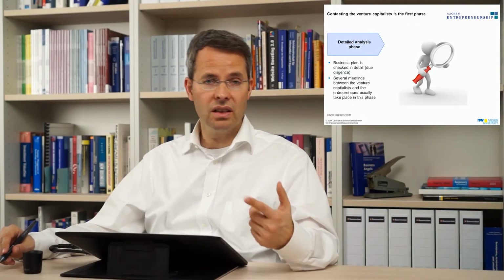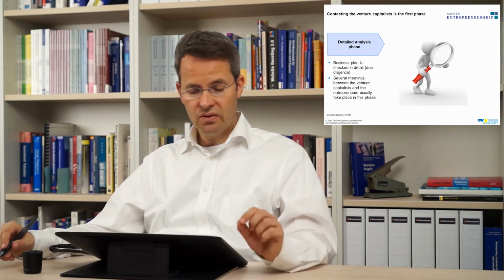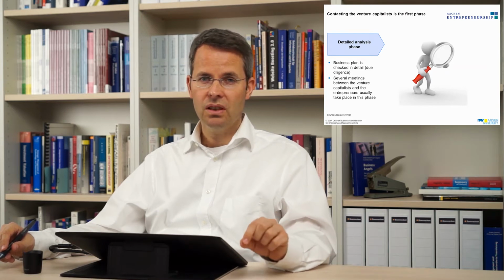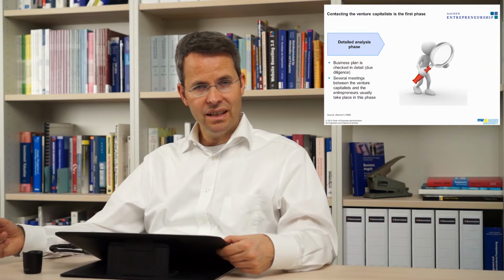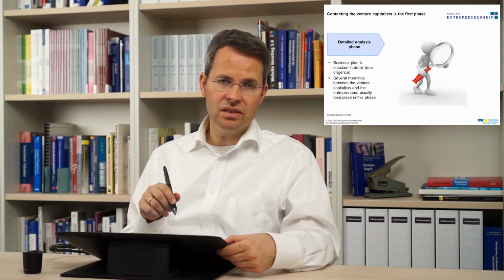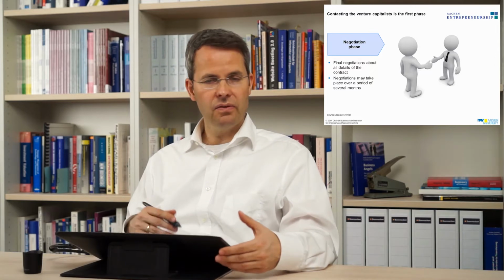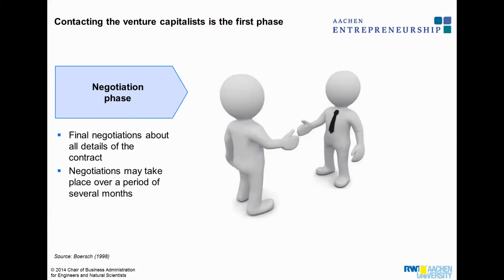Especially in the US, they also talk to competitors, they talk to customers, potential customers and so on. So they really try to get to know your company and your relationship towards others, your boundary spanning activities. And the last stage, if a venture capitalist is still interested, he's going to negotiate a deal with you. And this is the final stage. And afterwards, you ideally sign a contract and go to the notary and sign the contract also there.